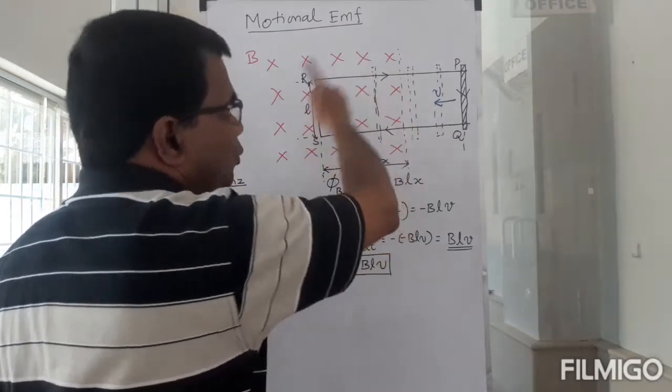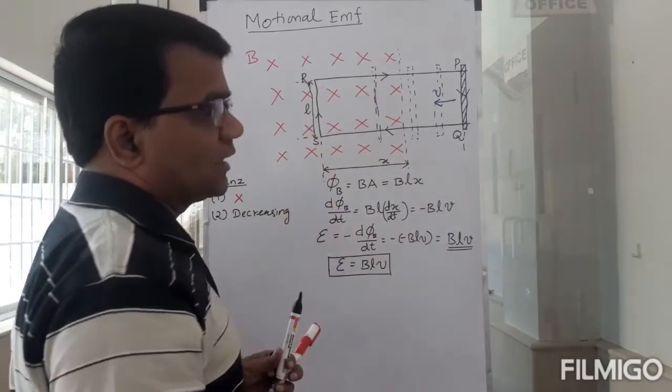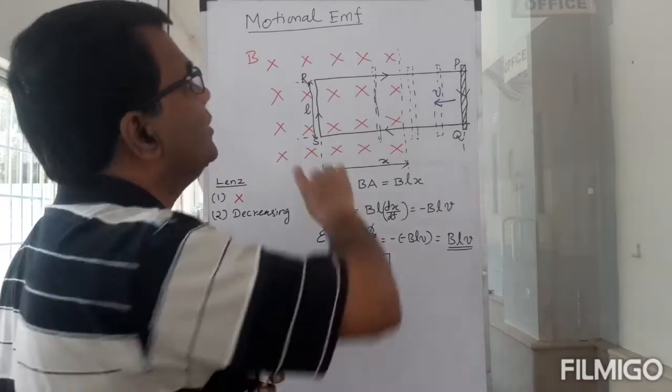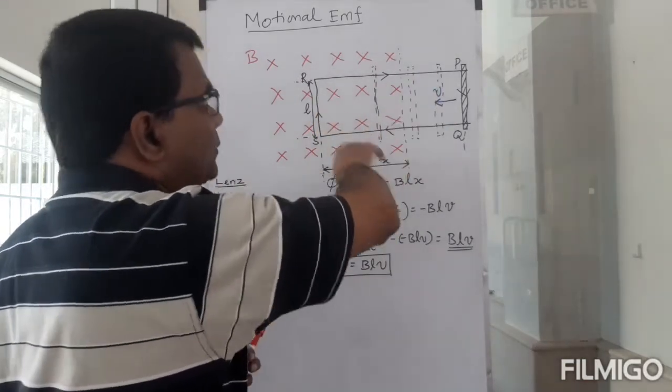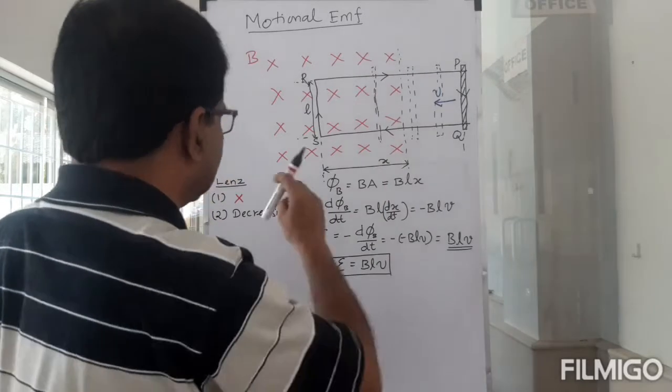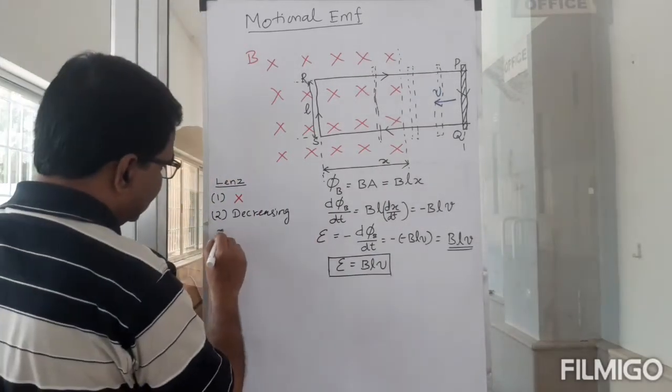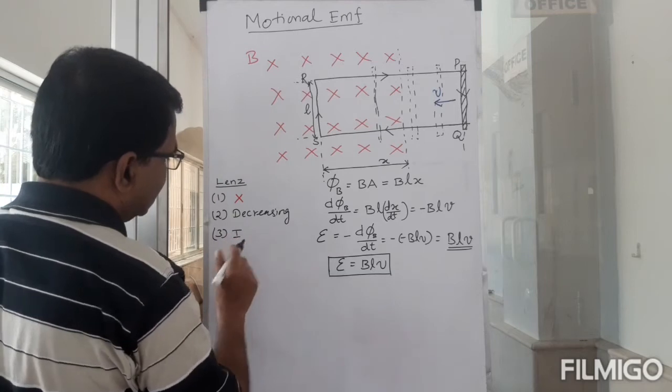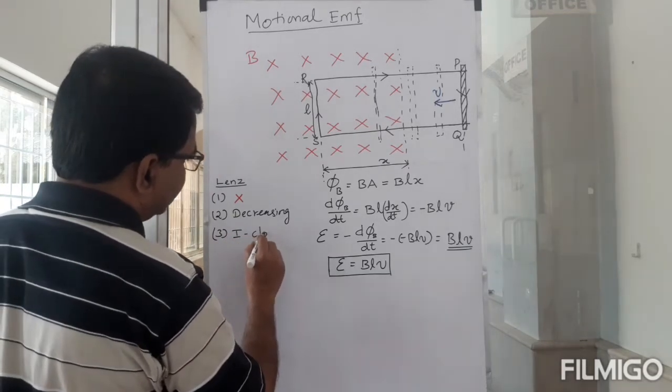So this is the direction of the current in the circuit. It's a closed loop anyway, so there will be a current. If it were an open loop, there wouldn't be. Since it is a closed loop, this is the direction of the current. So what's the direction of the current? The current direction I is clockwise.